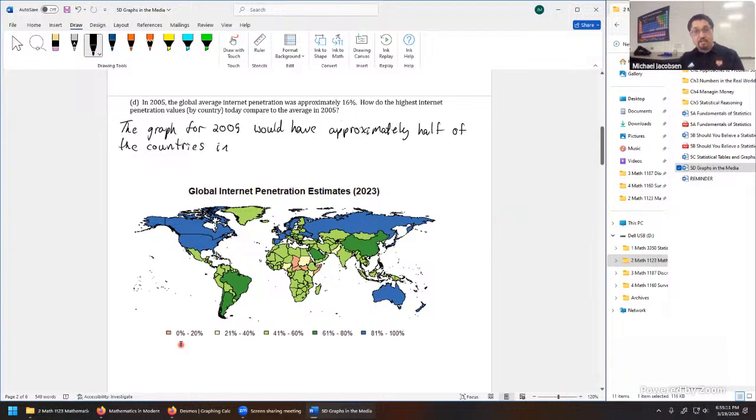And if that's the average, we're expecting half of the countries in the 0 to 20% range.